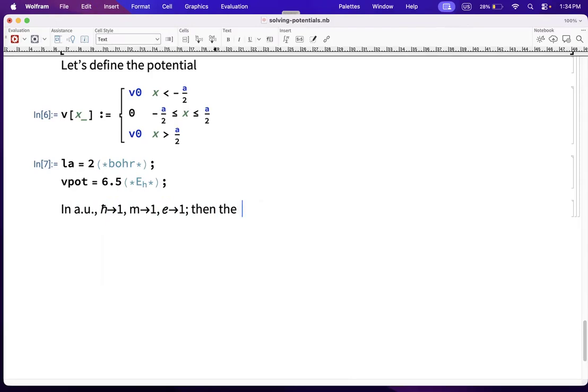Then the lengths are given in Bohr, where one Bohr is equal to 0.53 angstroms, and the energy in Hartrees, which we take as E sub h.